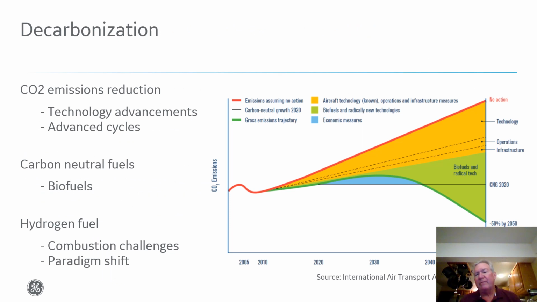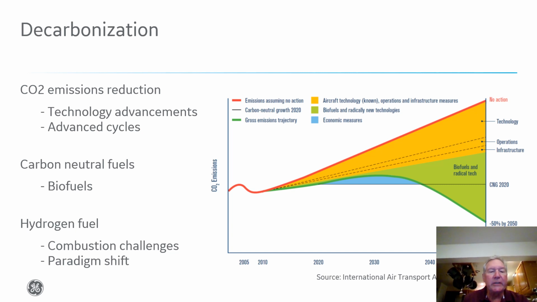Now, the last thing I wanted to touch on is the trend of decarbonization and how we're beginning to think about addressing that in the aviation and power gen gas turbine world.